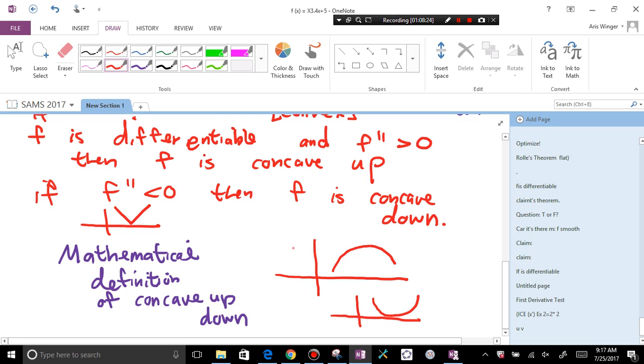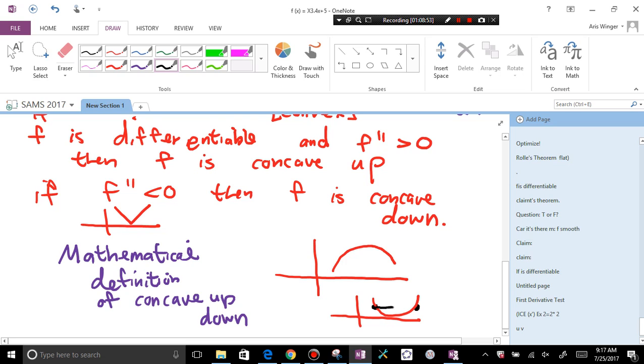Okay. But in general, we would like to say that if this is concave up in general mathematics, then so is this. So that concavity, or convexity, has nothing to do with the second derivative in general. What makes this concave up, right? So what makes it concave up is that if you take any 2 points on the graph, what happens?